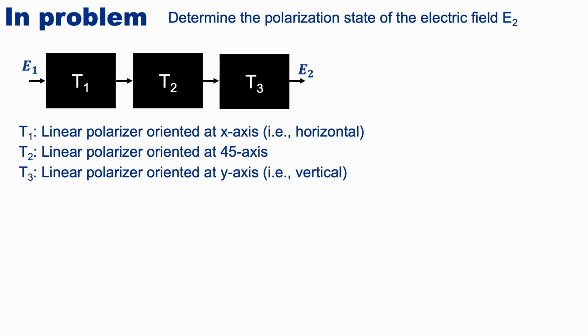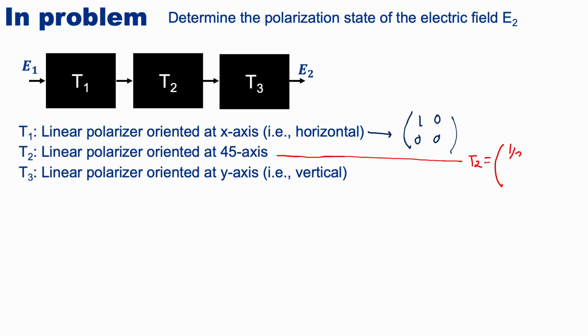So let's do this short example where we have 3 different elements. The first one is a linear polarizer oriented along the x component, so it's the horizontal, so that means it's going to be 1, 0, 0, 0. The second component, T2, is going to be a linear polarizer oriented at 45 degrees.